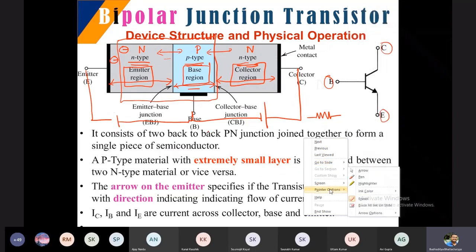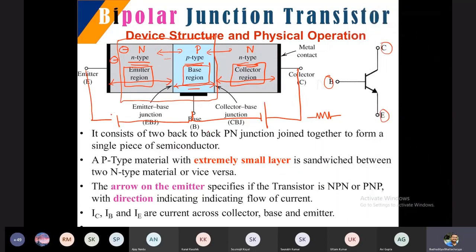I'll discuss this again, don't worry. Suppose this is a negative supply I'm applying. What will eventually happen? These electrons will get repelled by this negative terminal, and as they get repelled, they will flow towards the base region. You can see this is going in this direction.